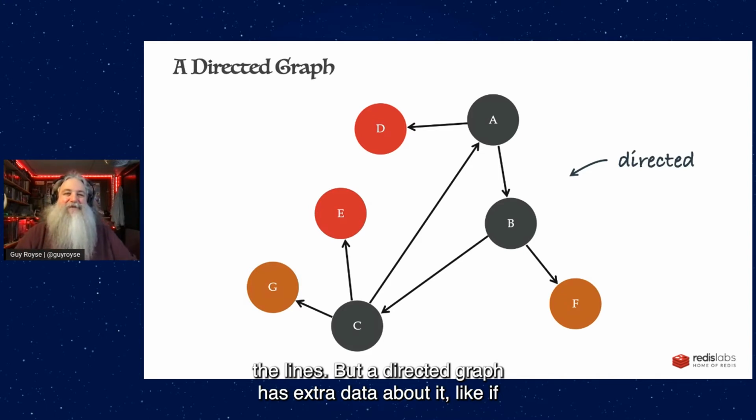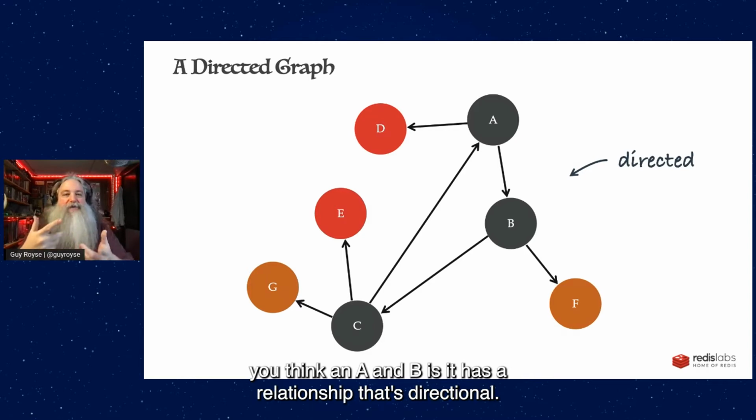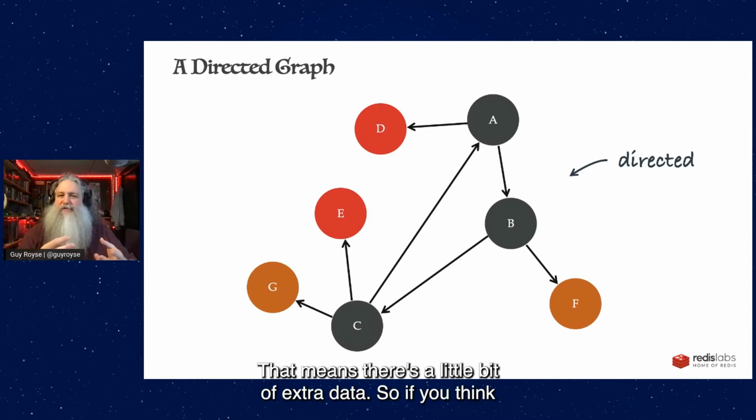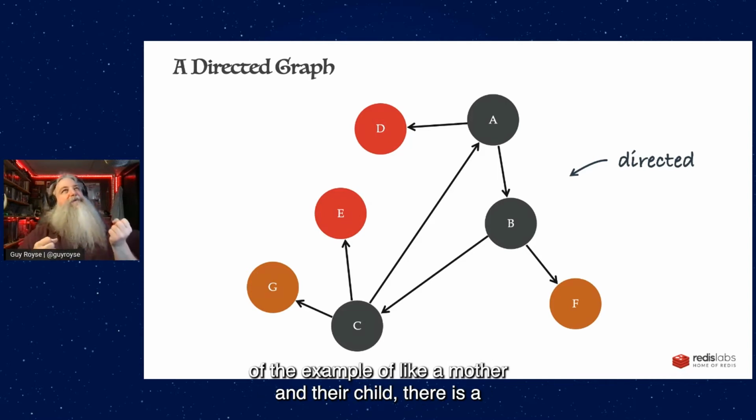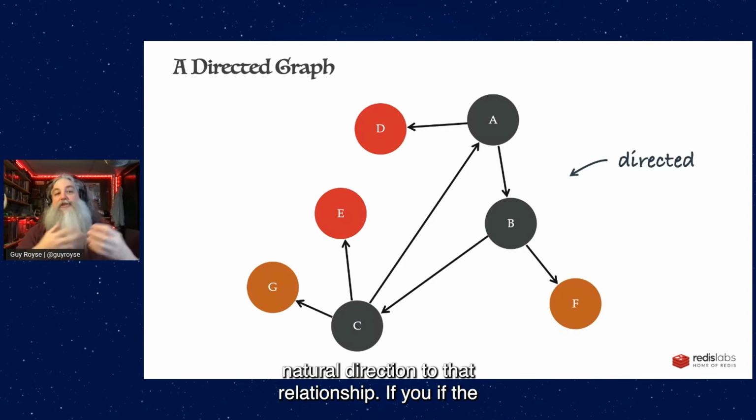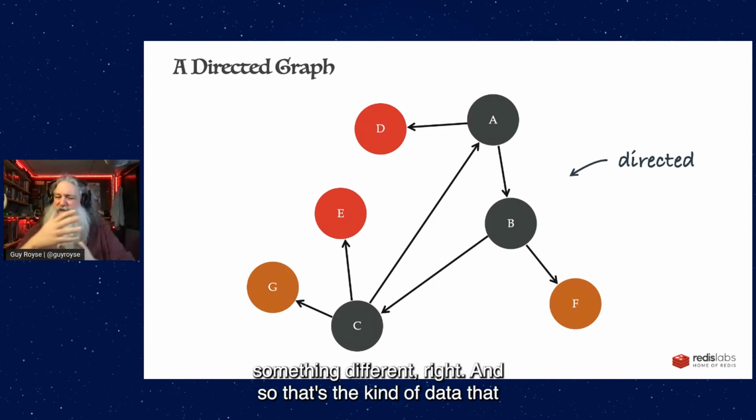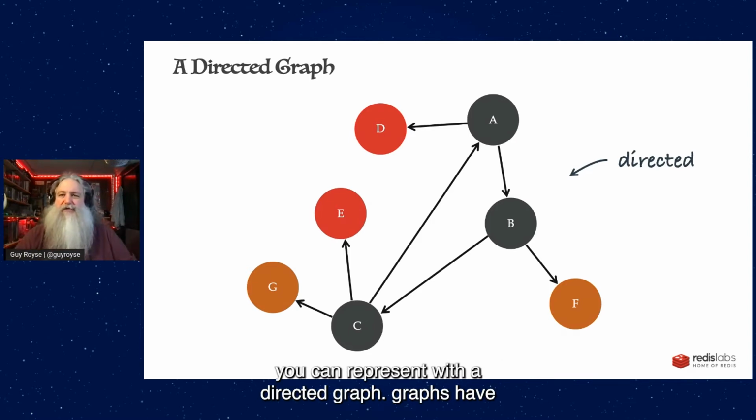But a directed graph has extra data about it. If A and B have a relationship that's directional, that means there's a little bit of extra data. So if you think of the example of a mother and their child, there is a natural direction to that relationship. If the arrow pointed the other direction, that would mean something different, right? And so that's the kind of data that you can represent with a directed graph.